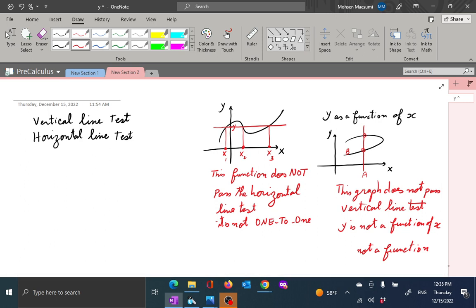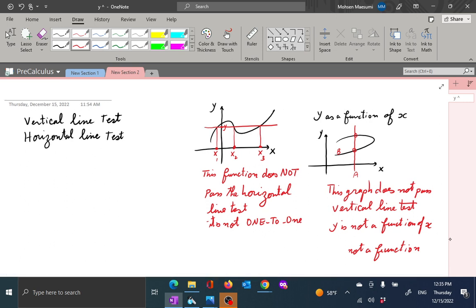As opposed to what? Many of the very simple functions are one-to-one. So here is the simplest of them. This function is one-to-one. One x corresponds to one y. So if you cut this with any horizontal line, it just cuts it once.